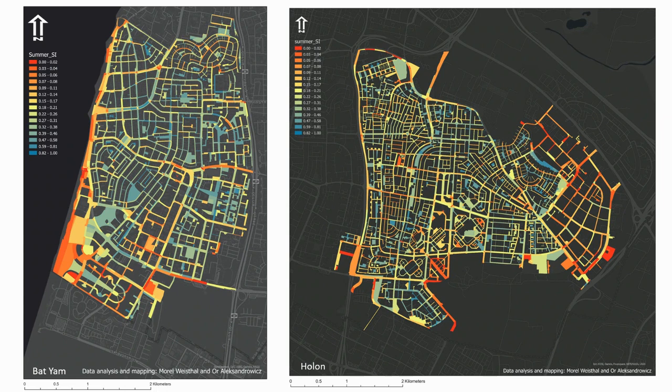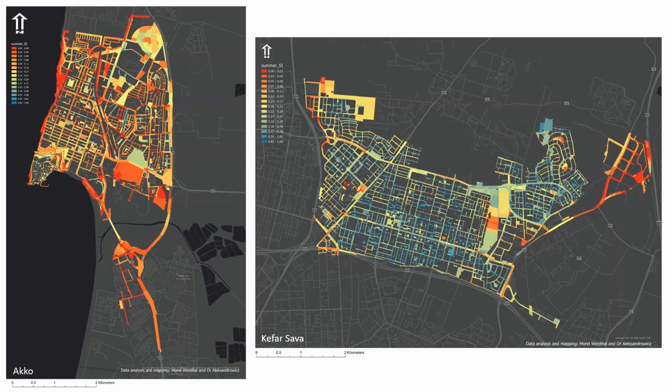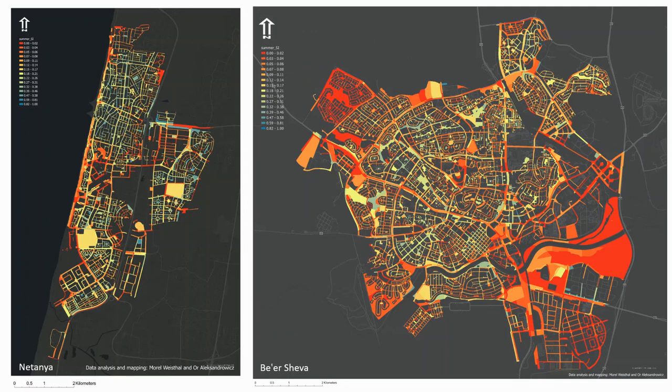It's easy to see that already now we can see the differences that each city has between different street segments. So every city has its weak spots and good spots, so to speak. But you can also see huge differences between cities. And these differences sometimes are the outcome of the existing or non-existent urban tree canopy.